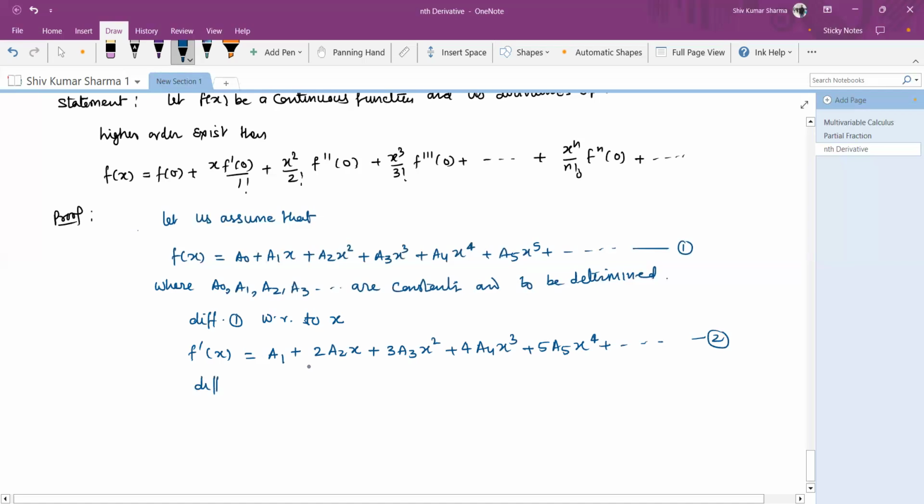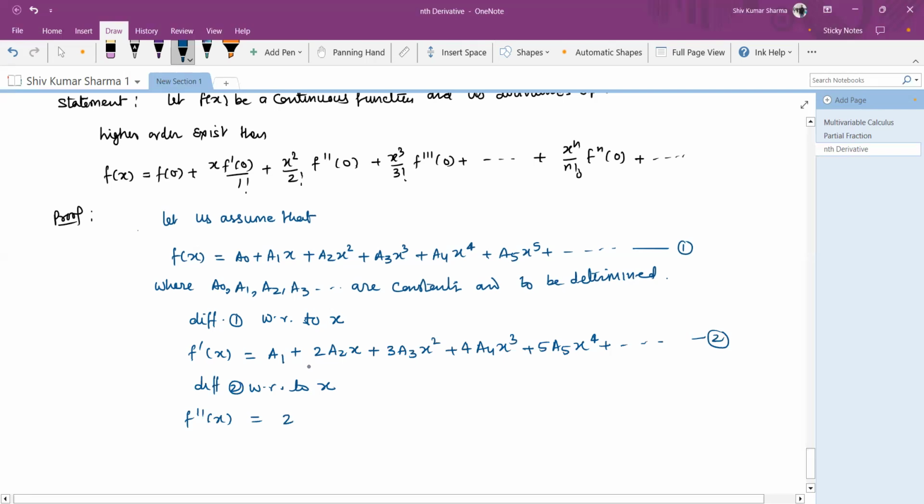Now differentiate equation 2 with respect to x, that means again differentiate. So the differentiation of f'(x) is f''(x). So f''(x) is equal to: a1 is purely constant, so its differentiation is 0.